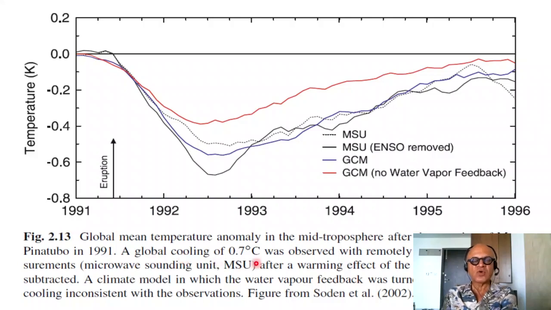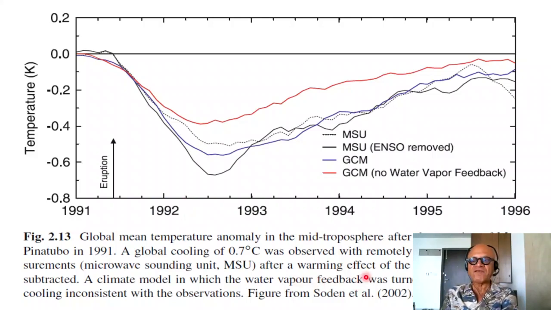A global cooling of 0.7 degrees C was observed with remotely sensed radiation measurements, the microwave sounding unit MSU, and you have to remove the El Nino effect just to be sure, because El Nino is a natural variability, and there was an El Nino following Mount Pinatubo which lasted for several years, and there are also papers arguing that volcanic eruptions can trigger El Nino, but let's not go in that direction.